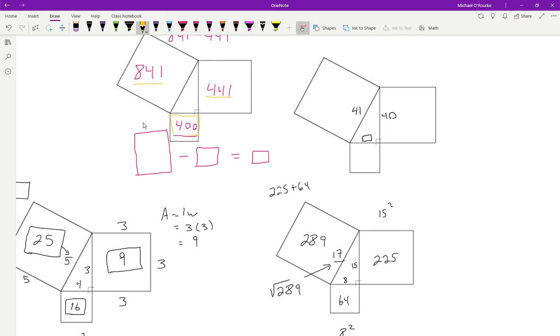How did you get that? Yes, you would subtract it because you're finding a smaller square.